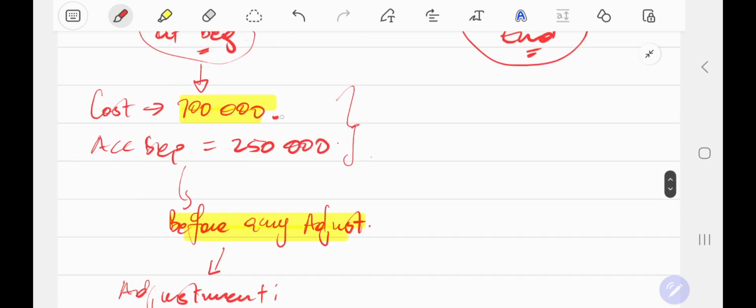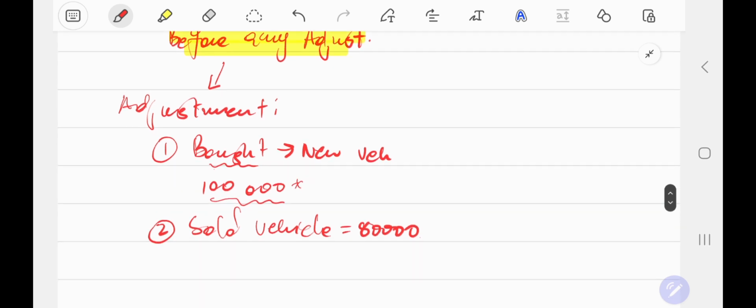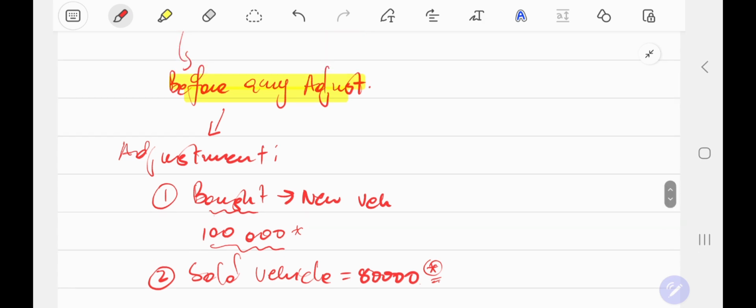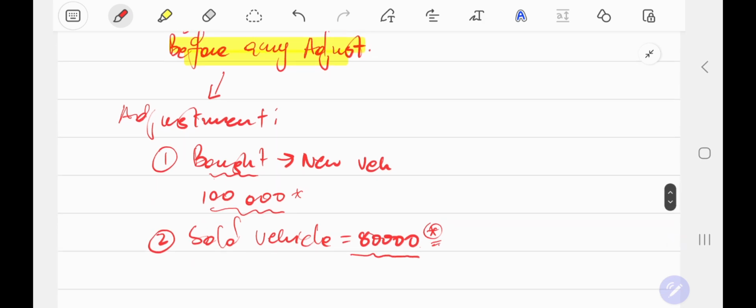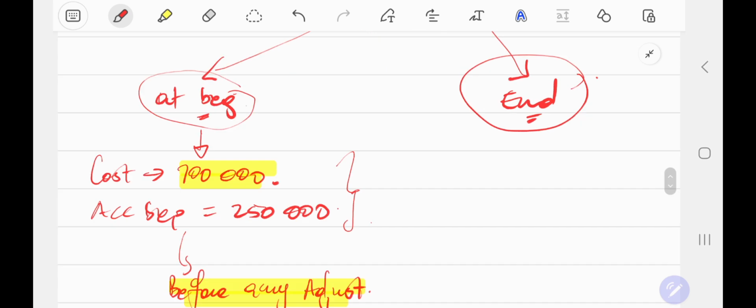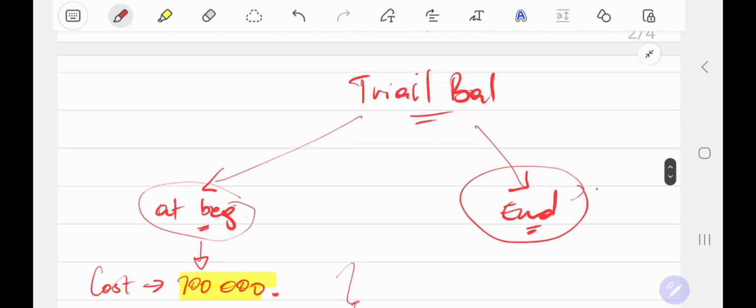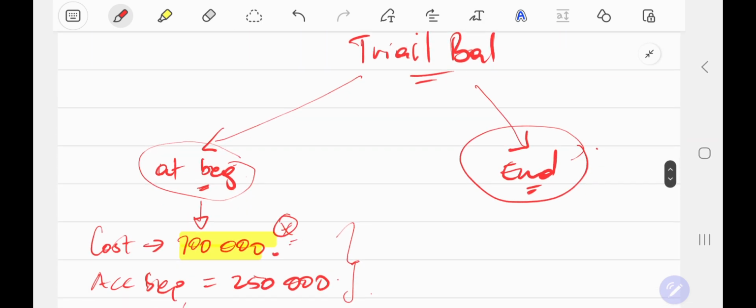However, this 700,000 still includes the 80,000, because the vehicle was sold during the year, and the balance given is the balance at the beginning of the year. So it means that this 80,000 has not been subtracted from these balances.